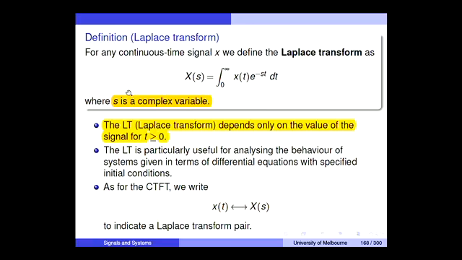That's why I told you the Laplace transform was invented by mathematicians to solve differential equations, particularly linear time invariant differential equations with any initial condition. So now we can write down my x(t) and its Laplace transform X(s). This is a Laplace transform pair.